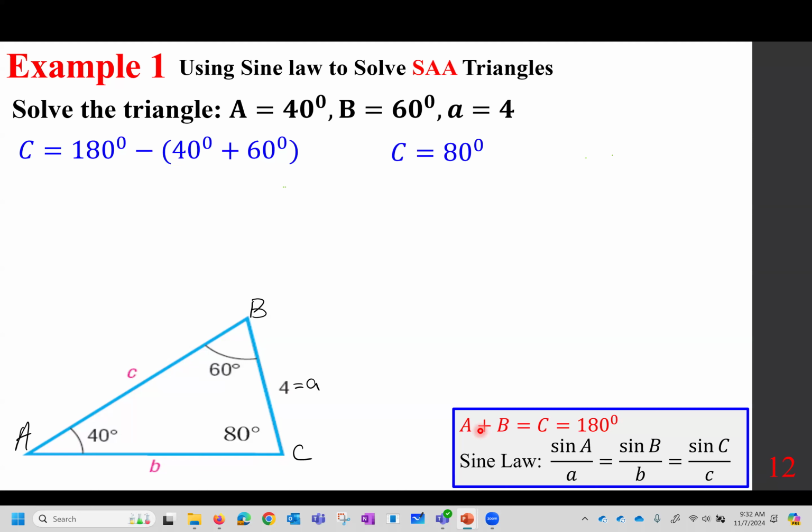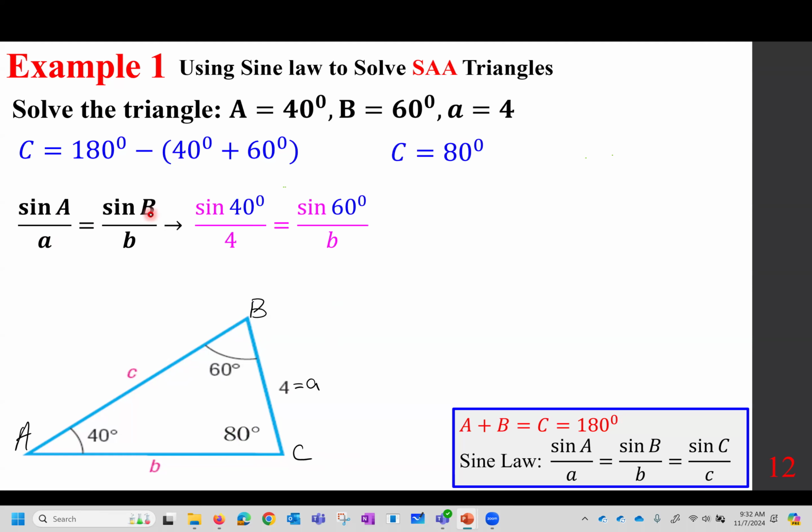Since we have this one, we are going to go with sin A over a, right? We have these two, right? Sin A over a equals, doesn't matter which one, this one or this one, so sin B over b. Replace this with 40 degrees, lowercase a with 4, B with 60 degrees.